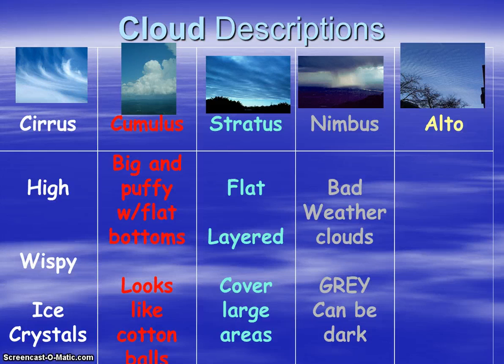And they're gray, and they can be very dark, almost black looking. And in the picture we can see a cloud that's very dark, and there's rain that's coming down from this cloud. And that's very often what happens with a nimbus cloud. It's going to produce rain.